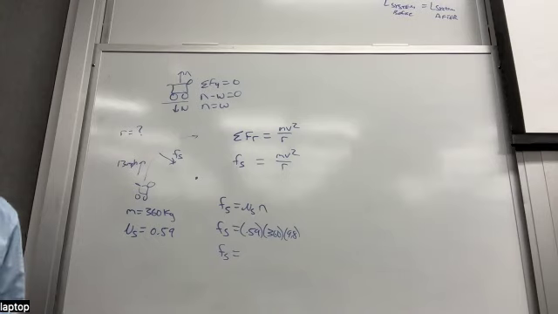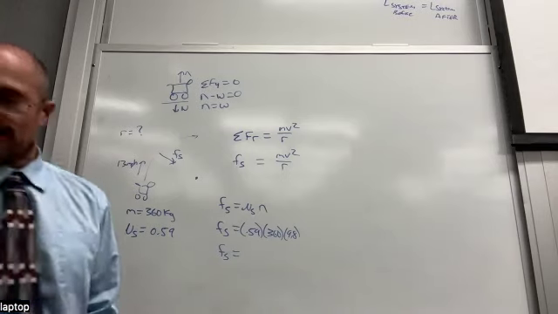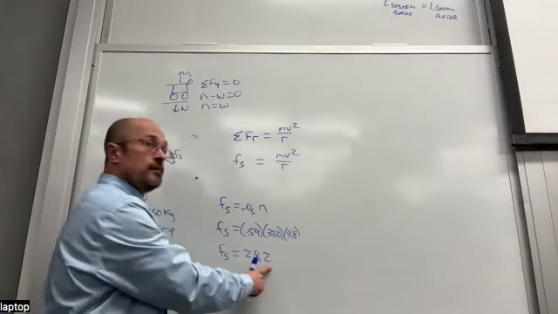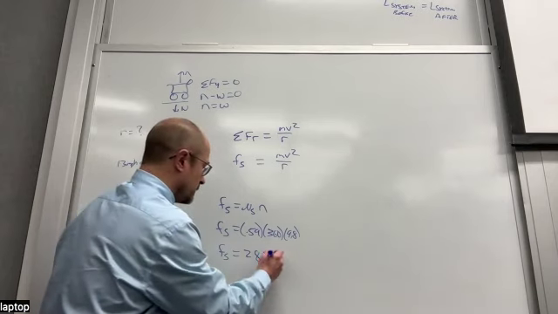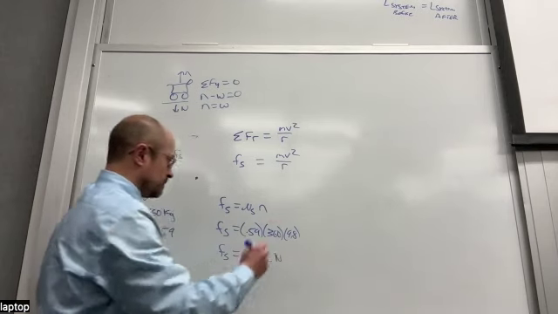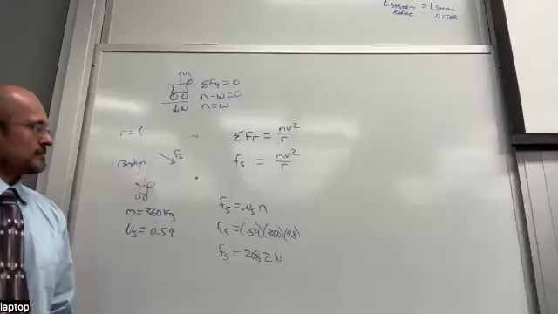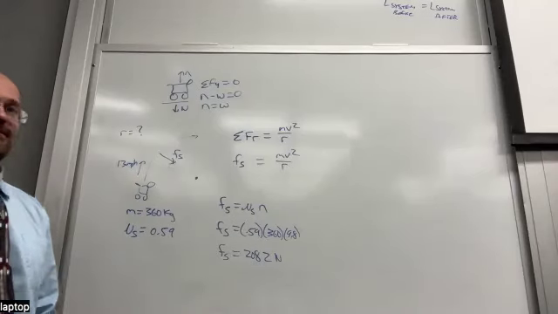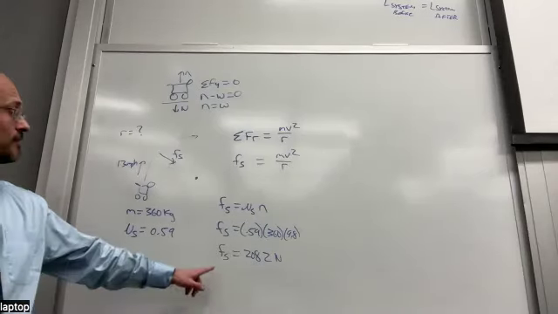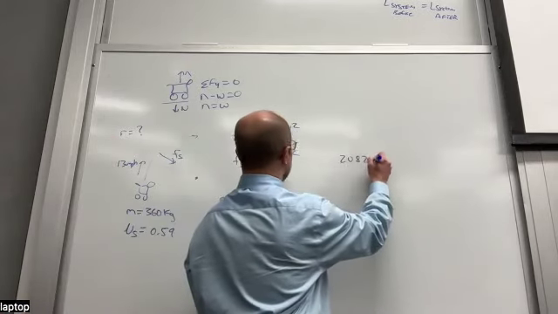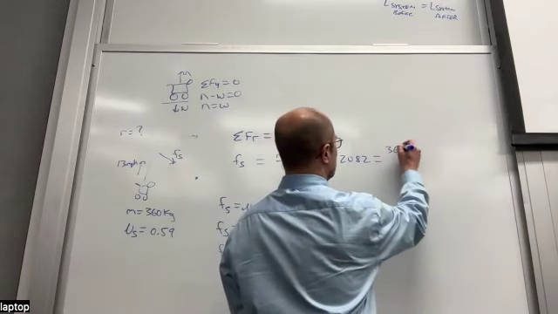That's a lot of friction. So the force of static friction is 2082 newtons, and that goes here. So 2082 is equal to m times 360 times v squared over r.